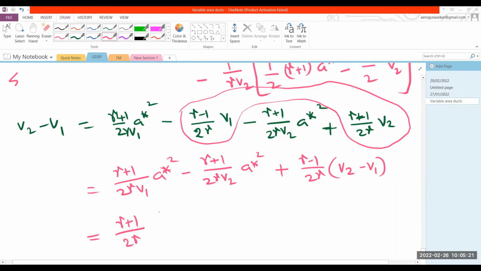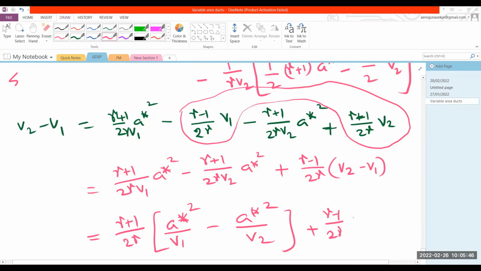This is common, so I can take it out, and then the remaining will be A star square by V1 minus A star square by V2, into, then plus the third term: (gamma minus 1) by 2 into gamma into (V2 minus V1). On the left hand side it is as it is, V2 minus V1.